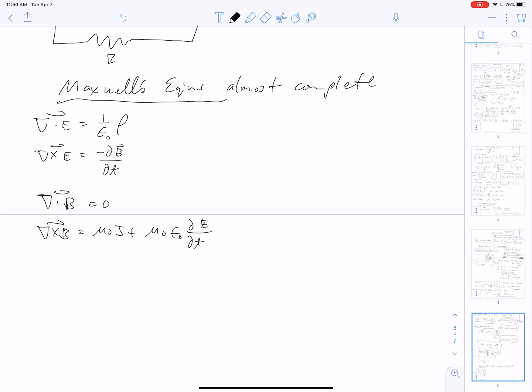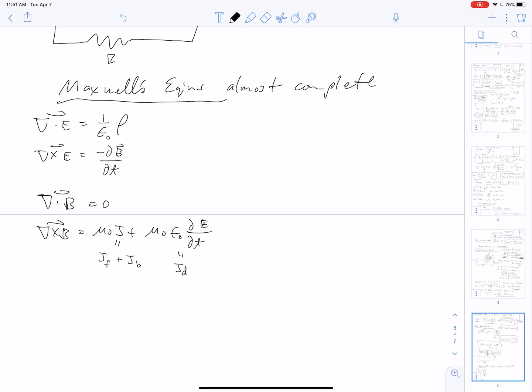And you might think that that's totally complete, where this J is J free, like our normal current, but bound current can also be in there. And this, of course, is our new displacement current.